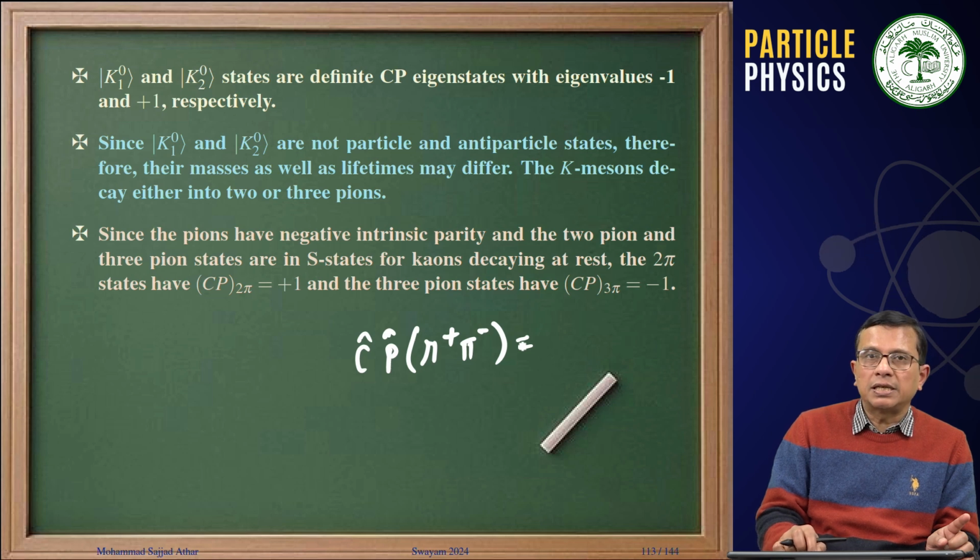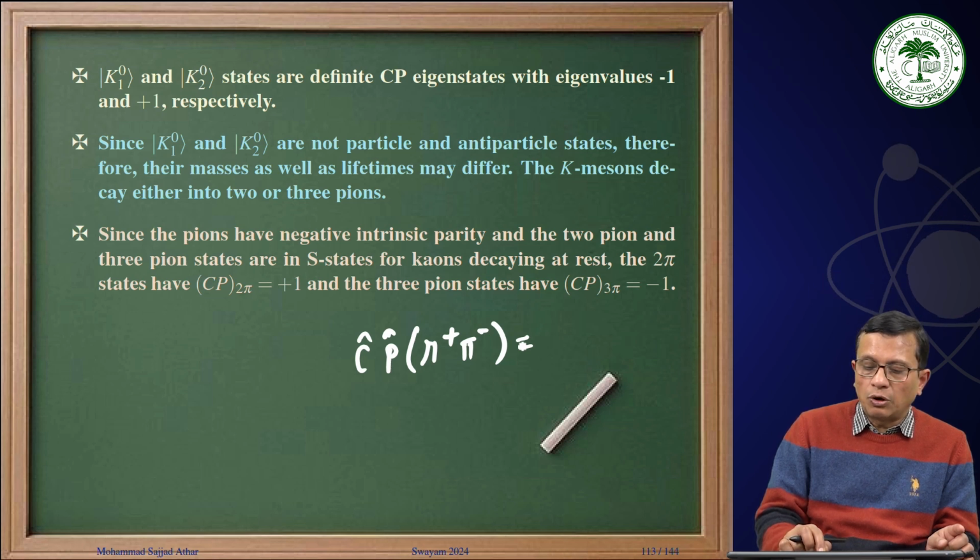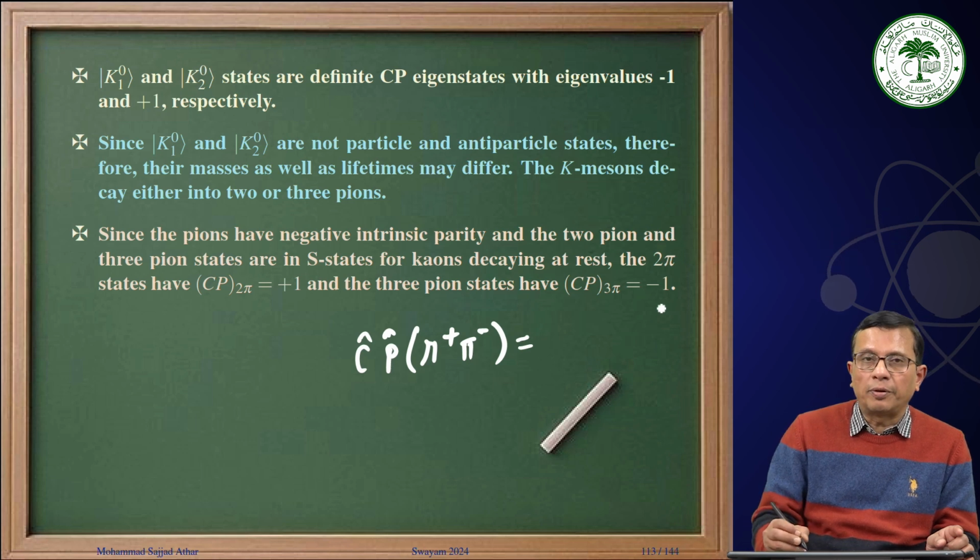and that will be equivalent to a reflection. Therefore, this is minus 1 to the power L, and then you have the parity of the two pions. Therefore, overall you will have a positive sign, while for 3 pion states, similarly you have the parity of pions as odd, so you will pick up a minus sign from there.